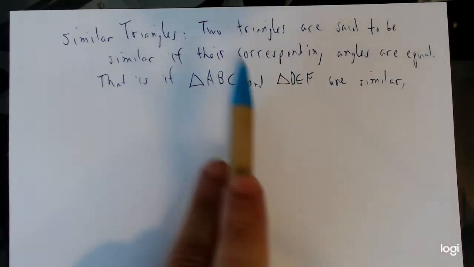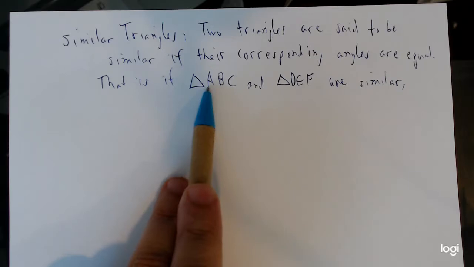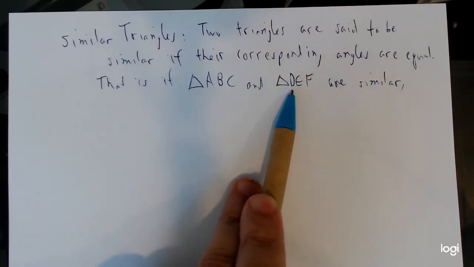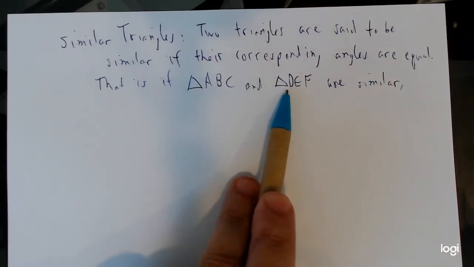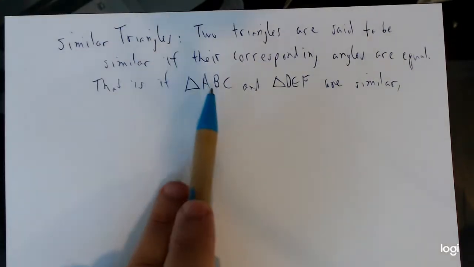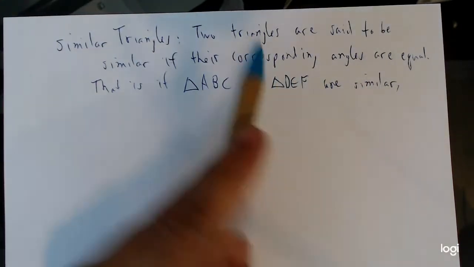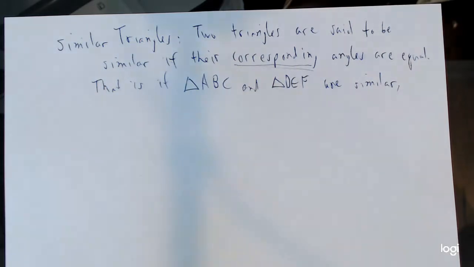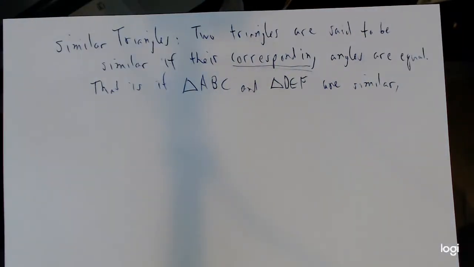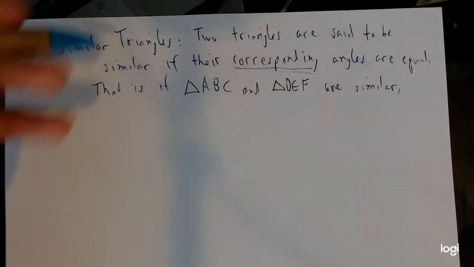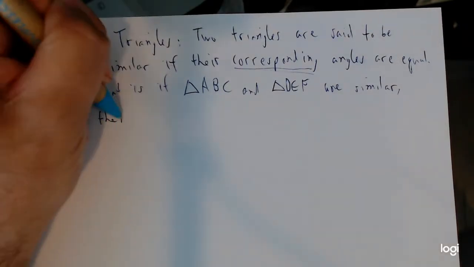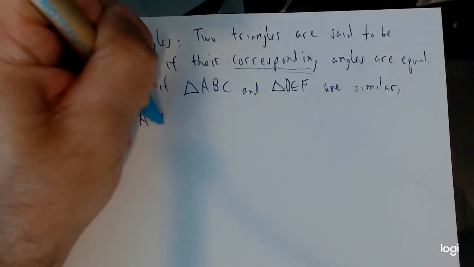Then what does that mean? What letter comes here first? A. What letter comes here first? D. So A and D must be equal, because if they're similar, then the order matters, because corresponding means they have to be in the same order. So we would say that angle A has to be equal to angle D.